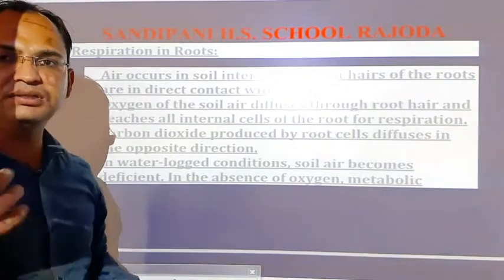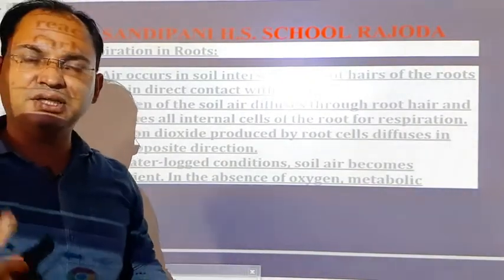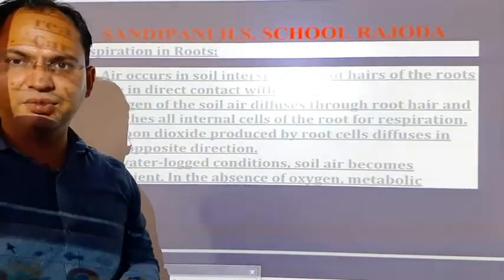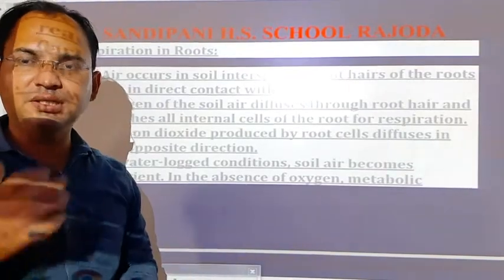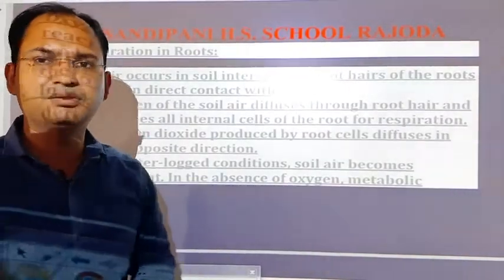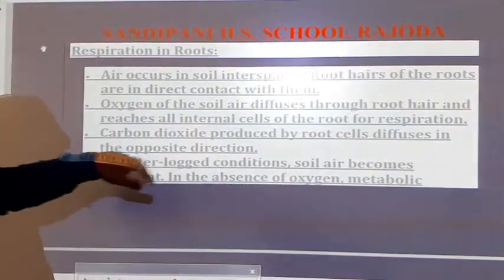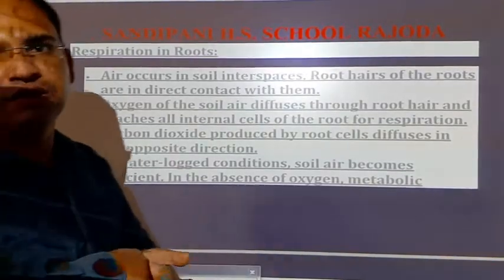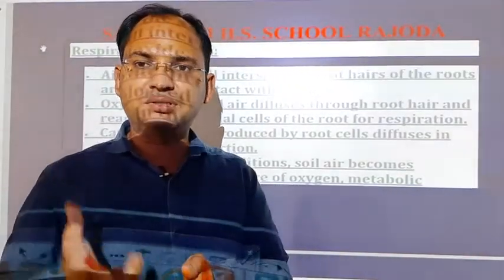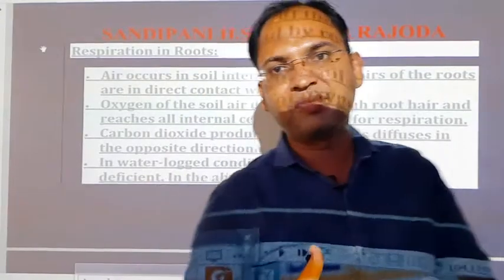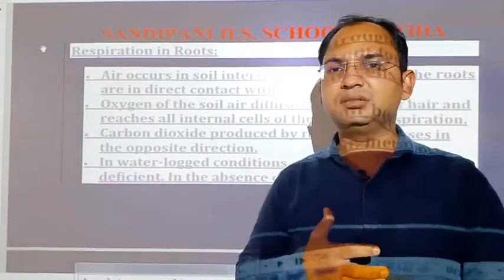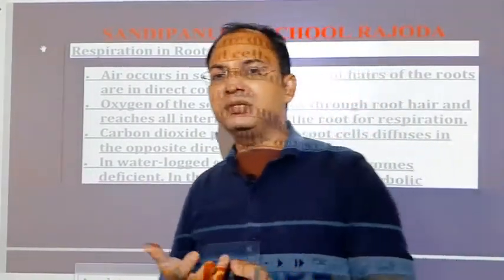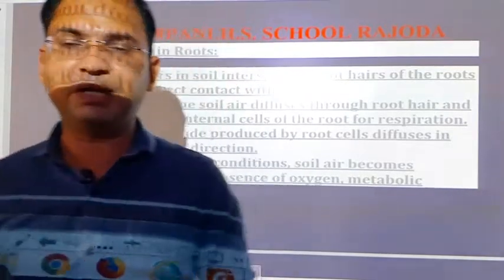When there is a higher concentration of carbon dioxide produced by respiration, then it diffuses out into the soil. In waterlogged condition, when a large amount of water is present in the soil, the root doesn't get proper oxygen and the plant root may wither and the plant may die.